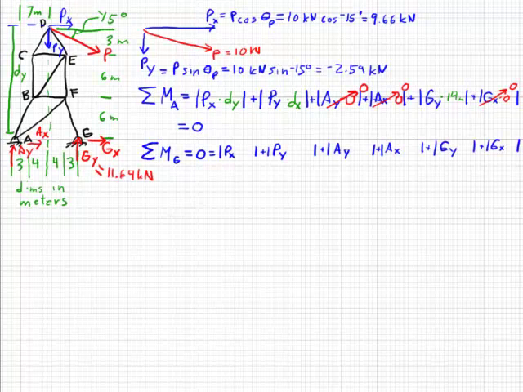So for Px, we'll need this dy. For Py, we will need a dx. So we'll need a horizontal distance for vertical force and a vertical distance for horizontal force.